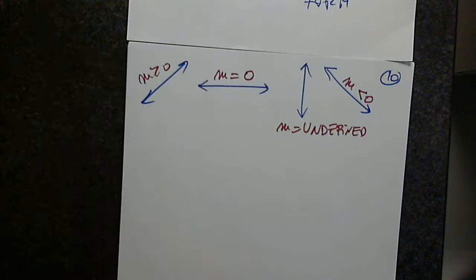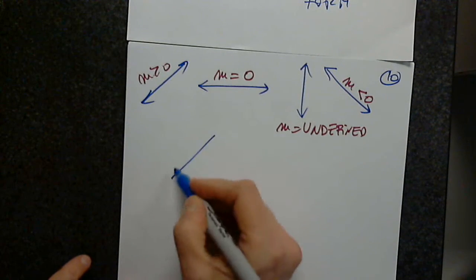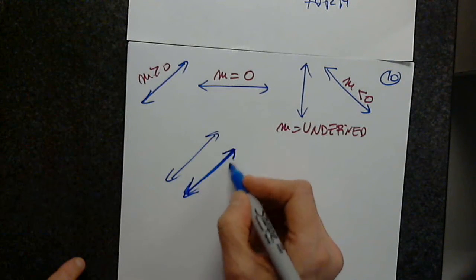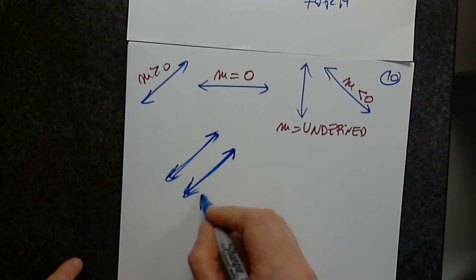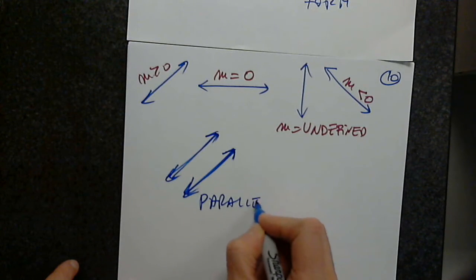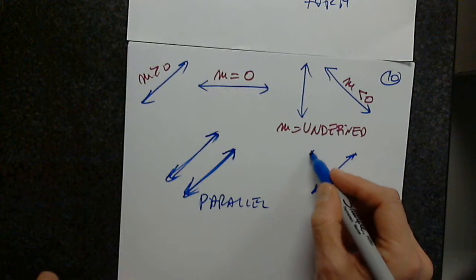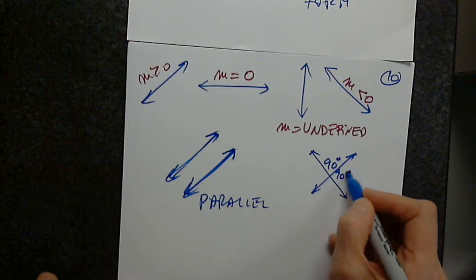We also have parallel and perpendicular lines. Parallel. Doesn't really look parallel. Parallel. And this is perpendicular. 4 90-degree angles.